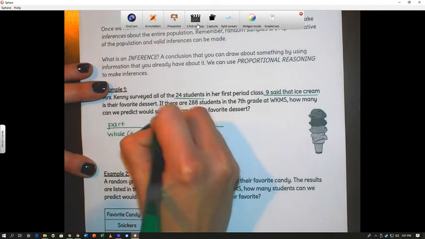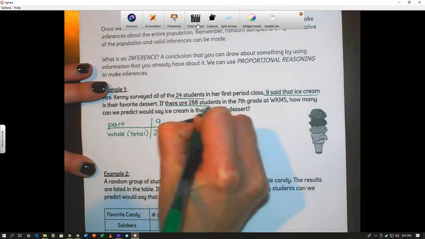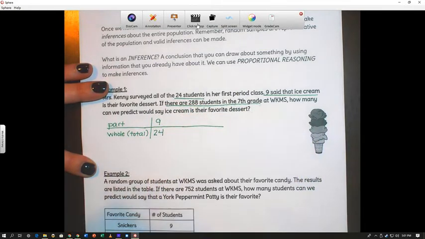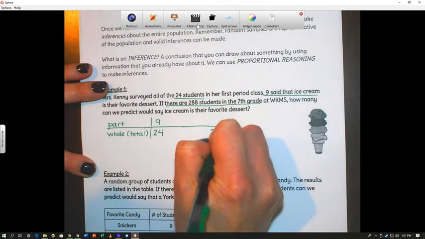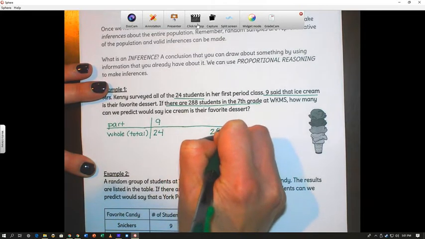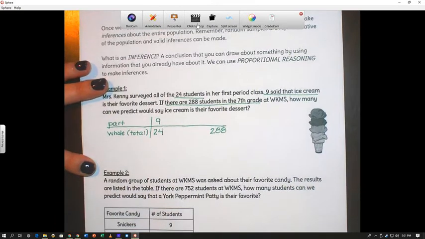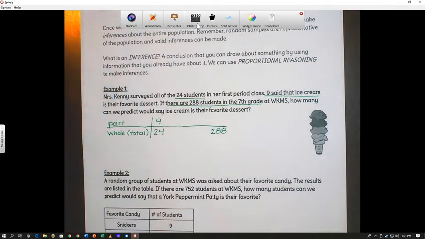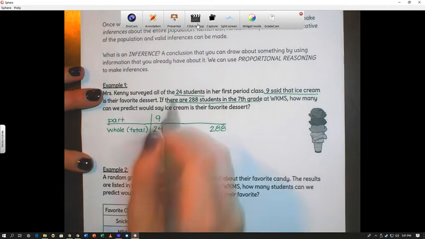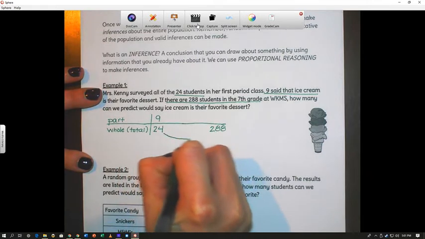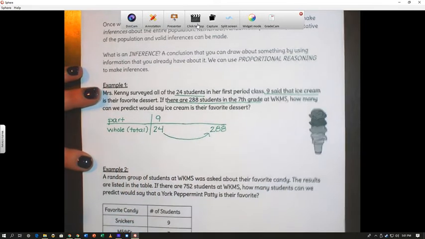Now, if there are 288 students in the entire 7th grade, so the 288 is going to go down here with the whole. There are 288 total students. And so now, using our knowledge of ratio tables, I should be able to figure out this part. So how do we go from 24 to 288?